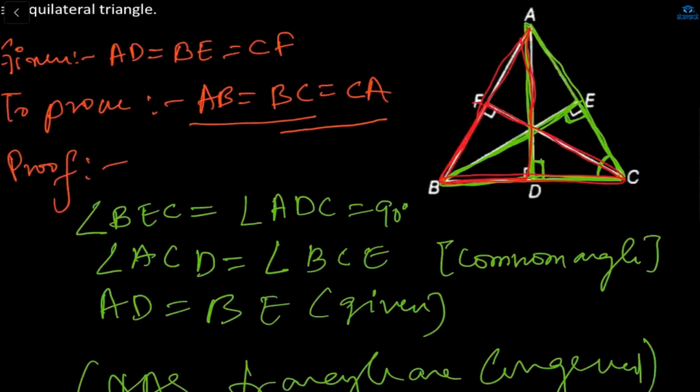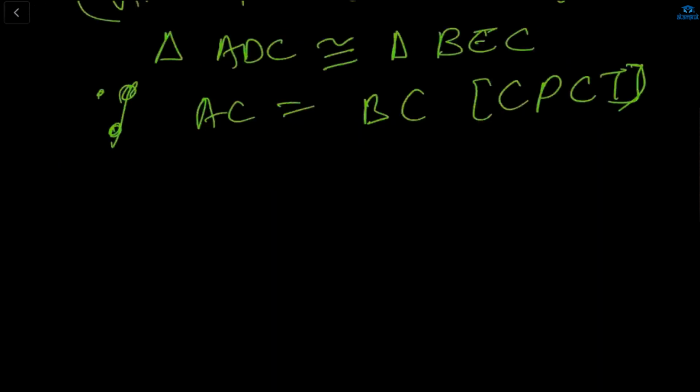When you choose these two triangles, the same thing will happen. Angle B is common. This is 90 degree and this is 90 degree, and your altitudes are equal. So the triangles will be congruent. Since the triangles are congruent, AB is equal to BC. Again, you will get AB is equal to BC, and we have AC is equal to BC also. So all the three will be equal to BC.